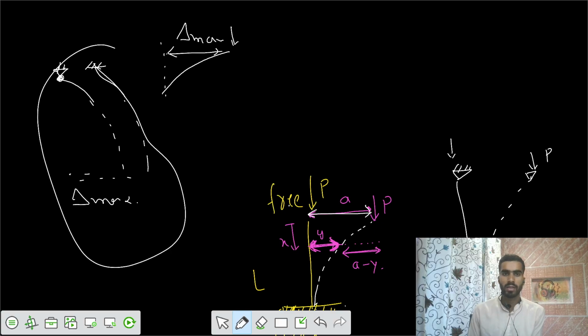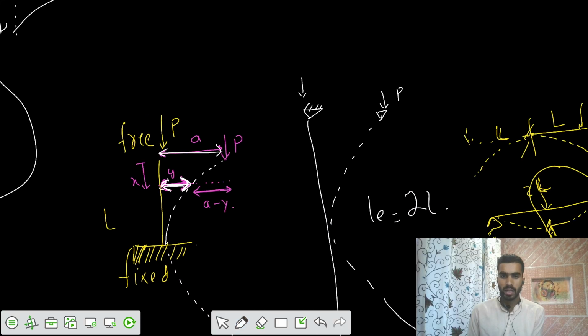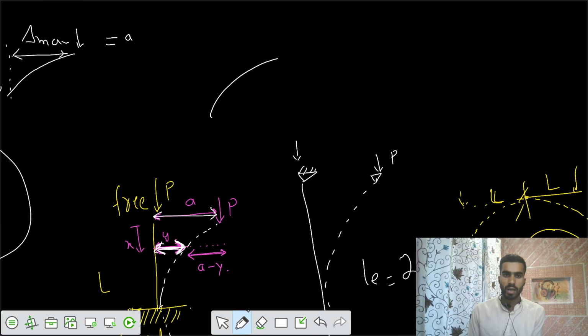We say there is some delta maximum equal to A, and we want to go to some value of X, and there it has reached some value of Y. So the buckling deflection is equal to Y. If I take this section, there's some load of P, and at some section X there is a moment Mx. Apply the summation of moments on that section.